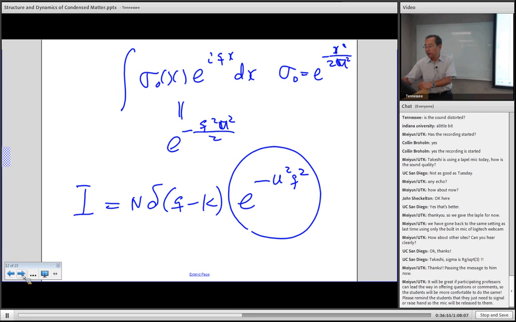Here the 2 is gone because this is phi, and then we square it, right? So the intensity of diffraction is modulated by this factor. And u is a small number, like 0.1 angstrom. So this is a very slowly varying function.